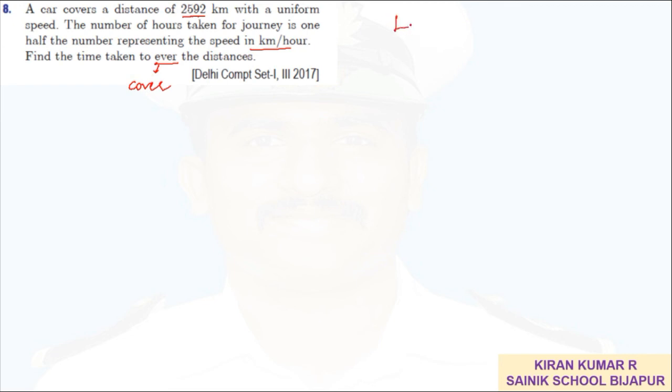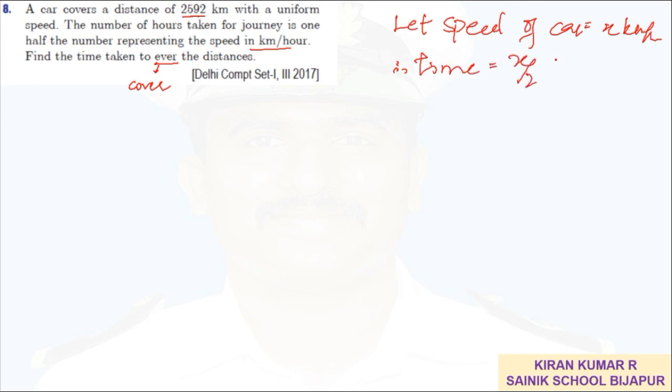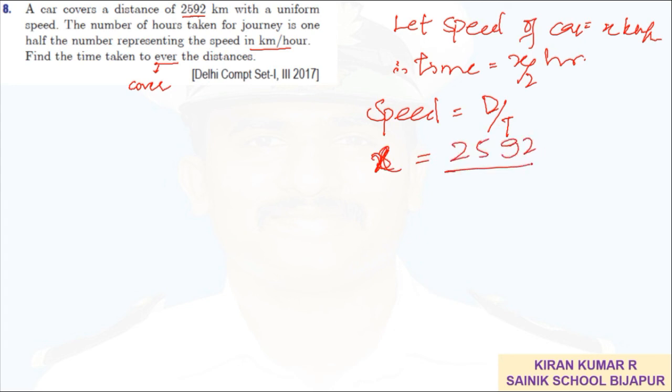So let me consider the speed of the car as x km per hour. Therefore, time will be half of the number representing the speed, so x by 2 hours. So we'll make use of this concept. Speed is distance by time taken, so the speed, which is x, will be equal to distance 2592 divided by the time taken, x by 2.